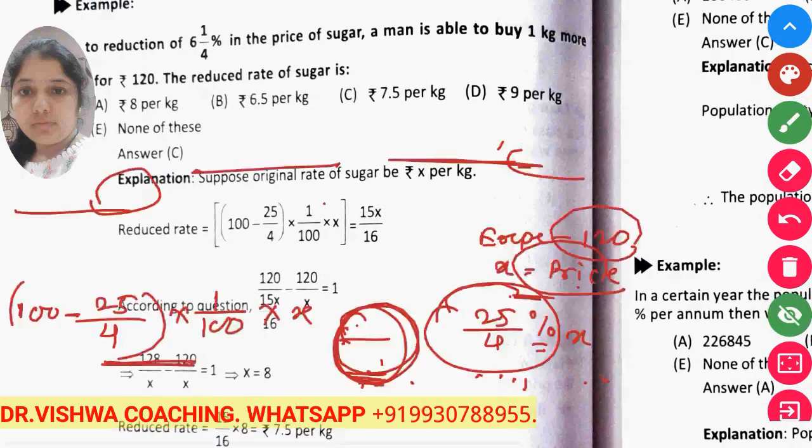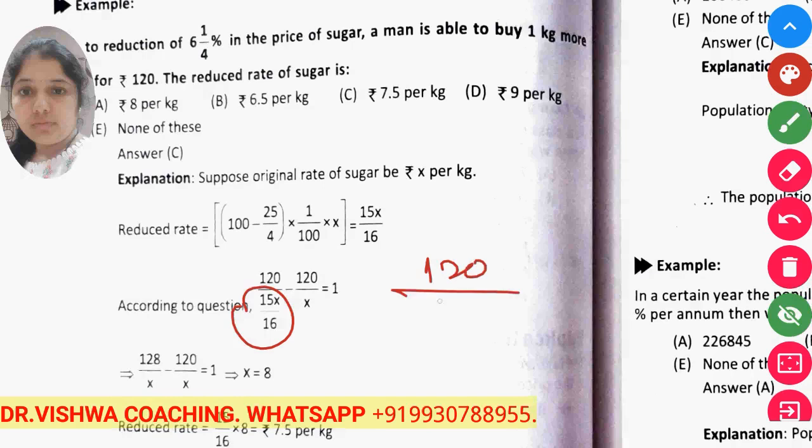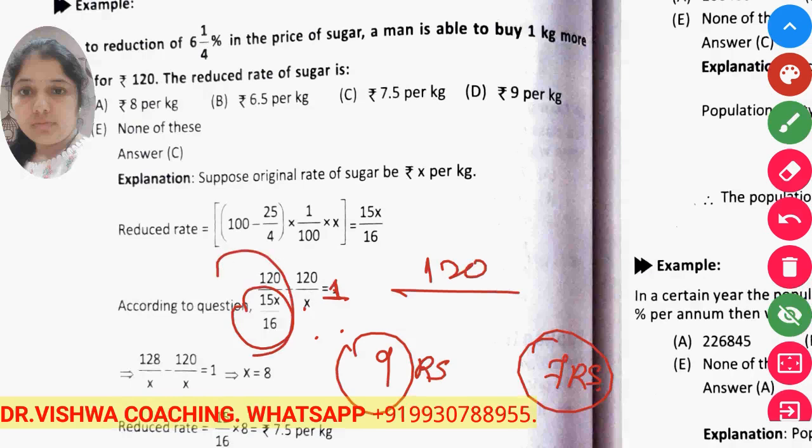So if I have 120 rupees and suppose sugar was previously 9 rupees, now it is 7 rupees. We had learned in fractions: if the numerator is common, the fraction whose denominator is smaller is the greater fraction. So I can buy 1 kg extra sugar only if I subtract the quantity at the previous rate from the quantity at the reduced rate.